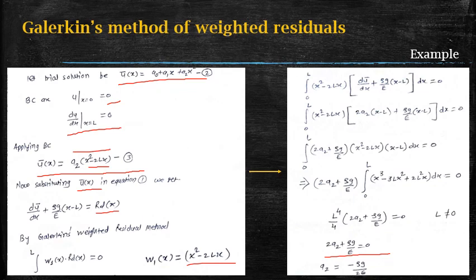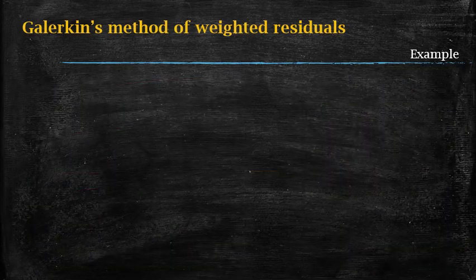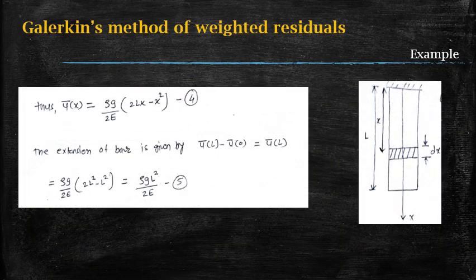So a2 is equal to minus rho g upon twice e. Now substituting this value of a2 in our trial solution, our trial solution becomes u bar of x is equal to rho g by twice e into twice lx minus x square. This is the required solution.